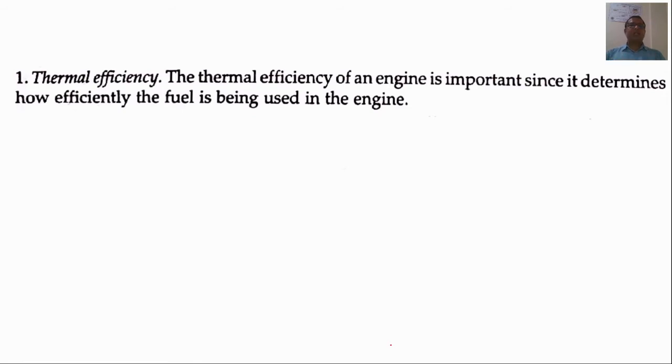If the thermal efficiency is calculated based on indicated power, then it is known as indicated thermal efficiency. And if it is calculated based on brake power, then it is known as brake thermal efficiency. So first of all, remember, thermal efficiency determines how efficiently the fuel is being used in the engine.